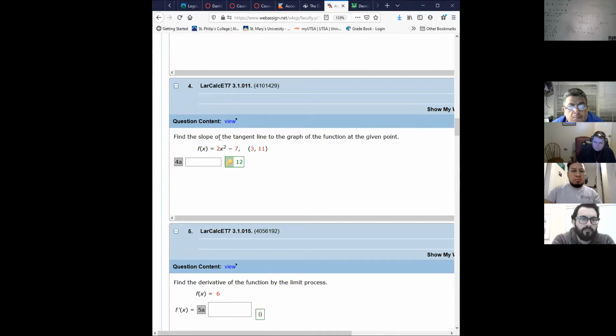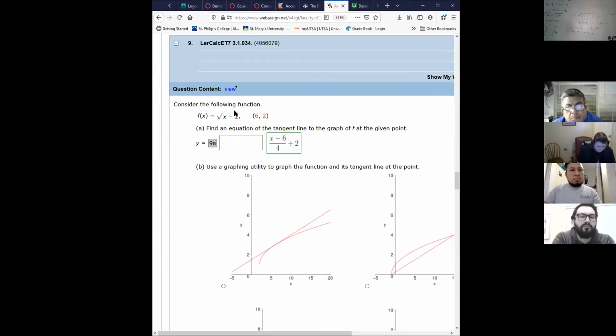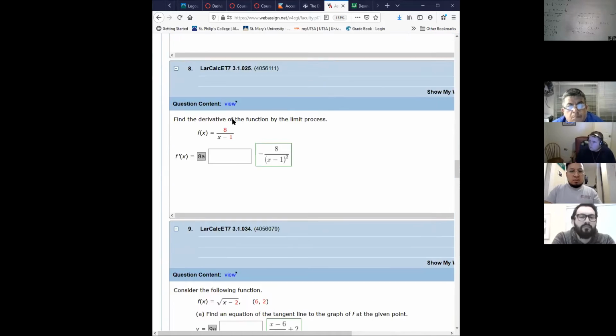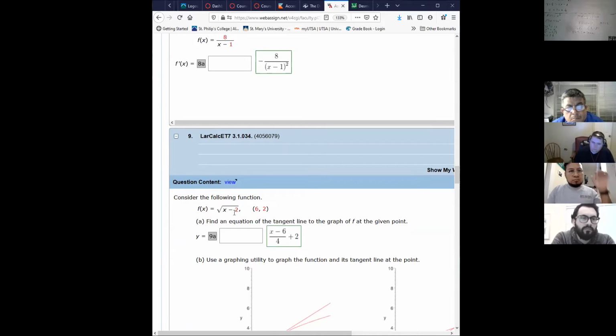So here you just take the derivative and you plug in 3. That's what I did. But for this one, you have to take the derivative using the limit property, like you did on number 8, because you haven't learned the derivative rule for square roots.